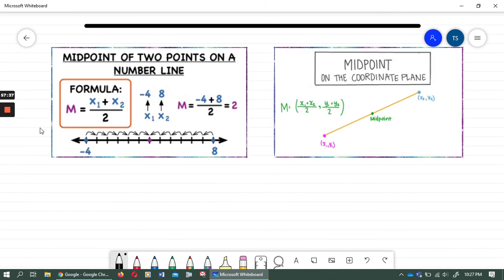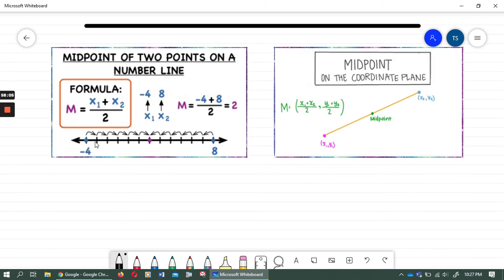If you wanted to find the midpoint between -4 and 8, the formula is similar to taking the average of those 2 values, where you add the 2 numbers together and then divide that by 2.